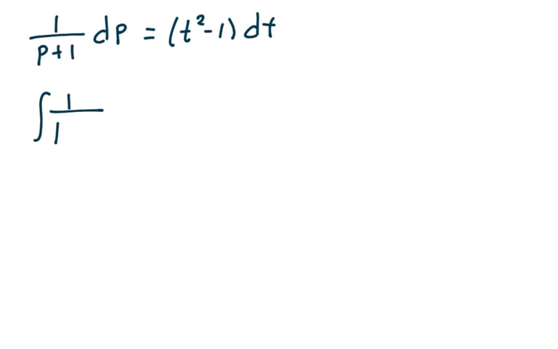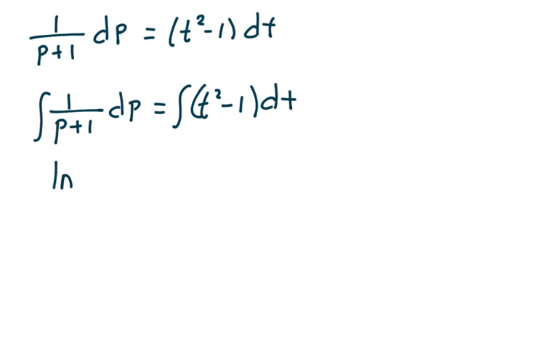So the integral of 1 over p plus 1 dp is the same as the integral of t squared minus 1 dt. So natural log of the absolute value of p plus 1 is 1/3 t cubed minus t plus c. Okay? Now, what we can do is the following.